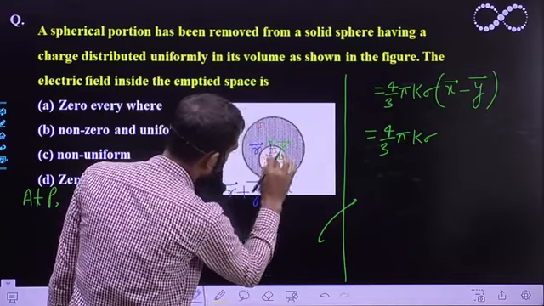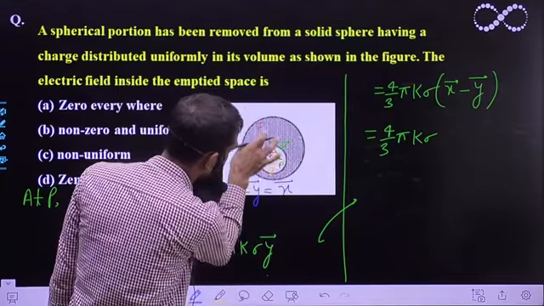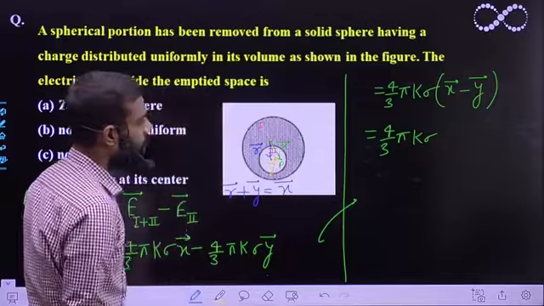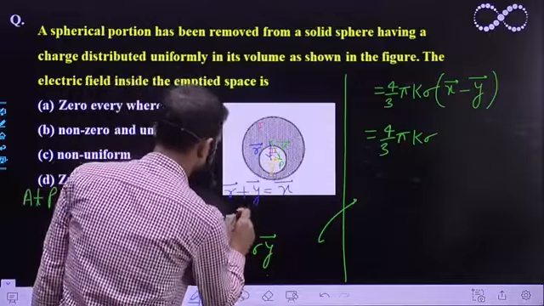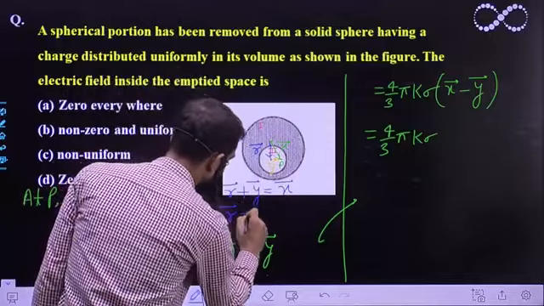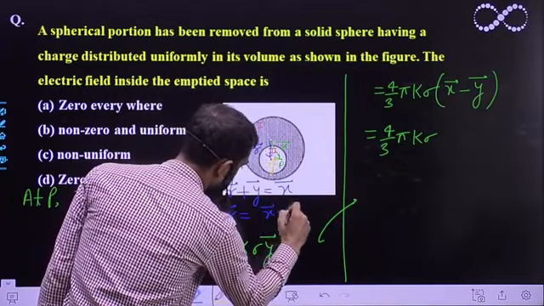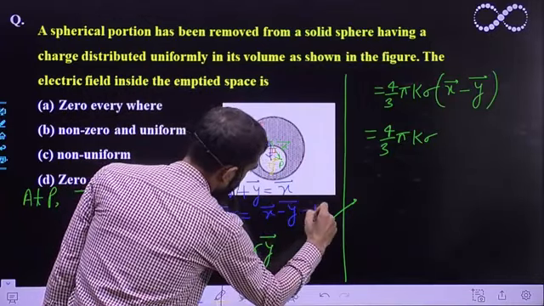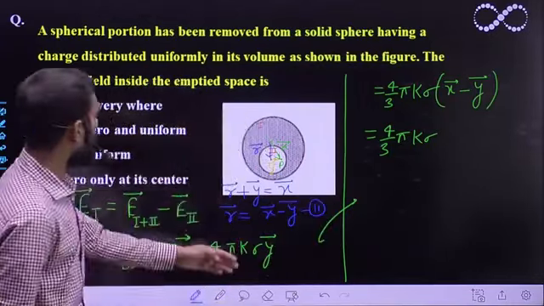So I can say here r vector is equal to x vector minus y vector. Let us call this equation 2.